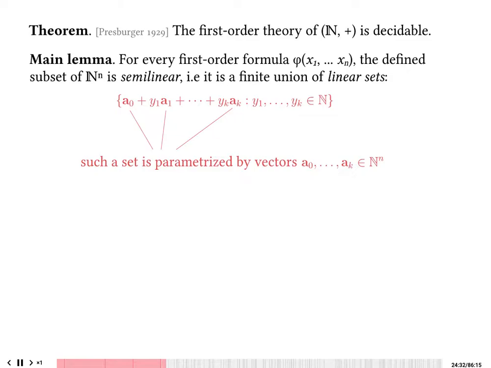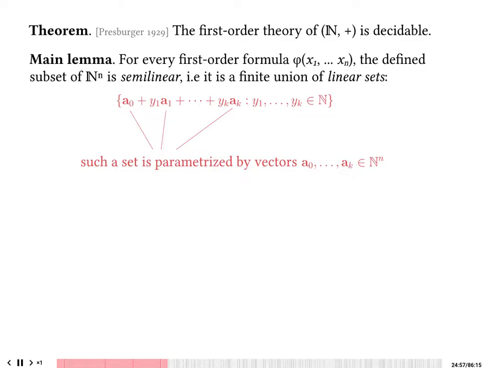It's a finite union of linear sets, and each linear set is obtained by taking some basic vector A0, an n-tuple of natural numbers, and then adding to it anything spanned by some k other n-dimensional vectors. But when you are spanning here, your coefficients have to be natural numbers, non-negative numbers.